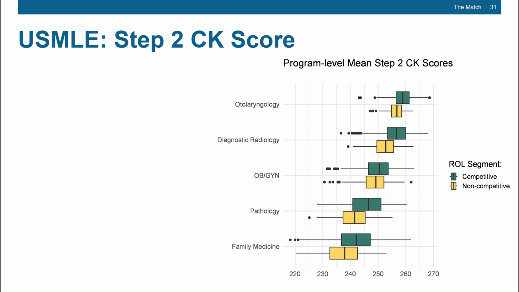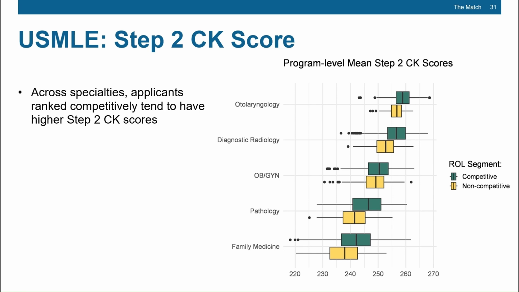We observe that across specialties, applicants ranked competitively tend to have higher Step 2 CK scores, as indicated by the median lines in the green boxes being farther to the right than the median lines in the yellow boxes.